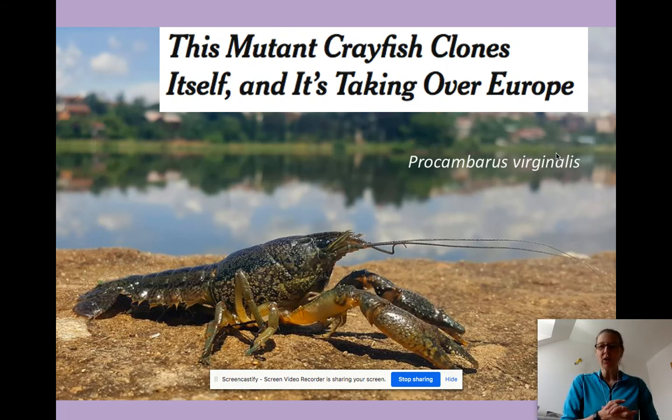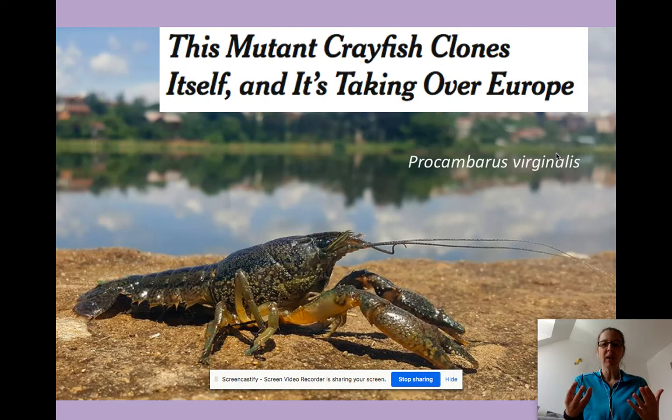It was a slough crayfish, and they think that one of these, I call them crawdads where I'm from, so they think one of these crayfish, crawdads, had a non-disjunction event happen in either the mom or the dad, and so the egg was diploid, and then the sperm was haploid. They came together and resulted in a viable triploid crawdad.